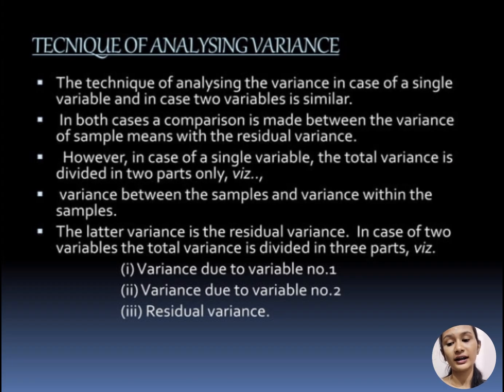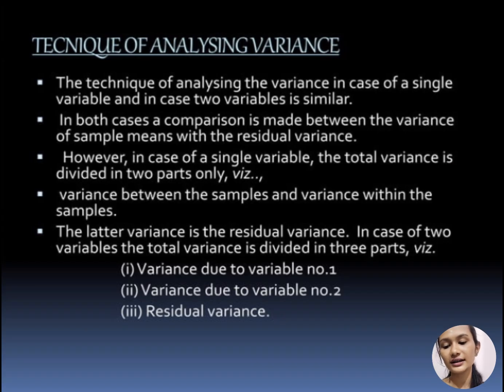The technique of analyzing the variance in the case of a single variable and in the case of two variables is similar. In both cases, a comparison is made between the variance of sample means and the residual variance. However, in the case of a single variable, the total variance is divided into two parts: variance between the samples and variance within the samples.